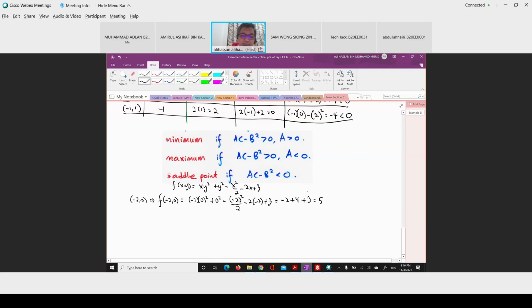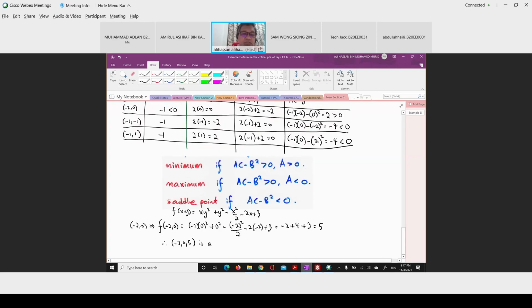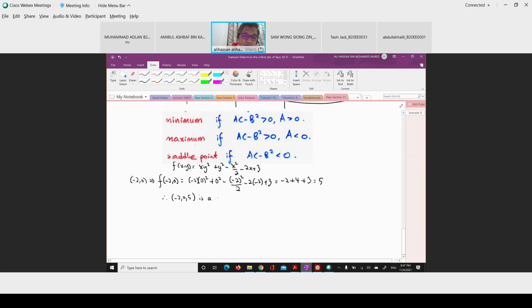So the point minus 2, 0, 5 is a maximum point on the surface.